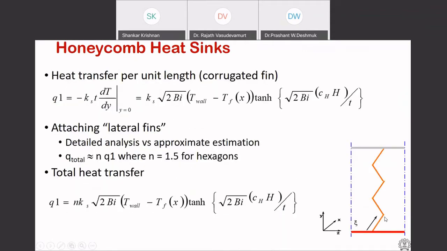Essentially, once I know this temperature distribution, I take this base temperature and add a new fin attached in this direction. Once we know the base temperature, it will spread through this.